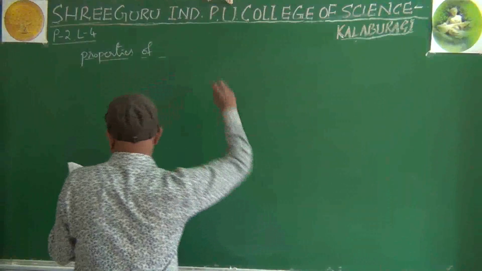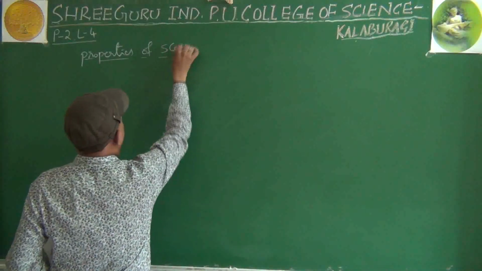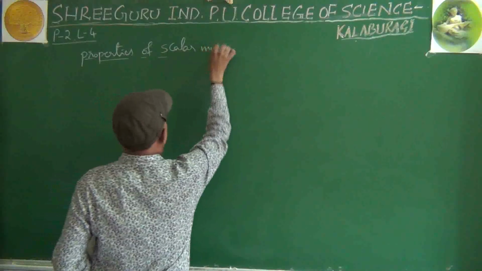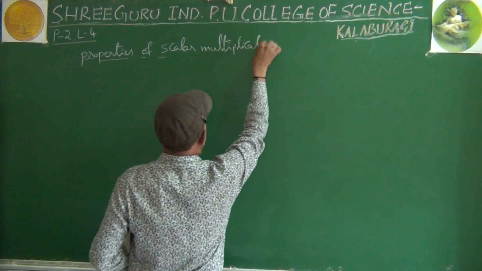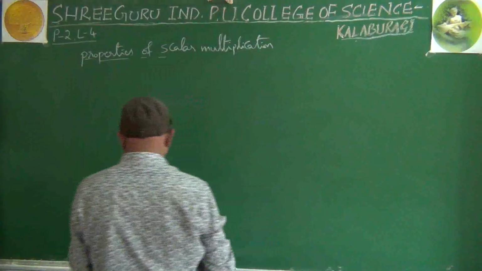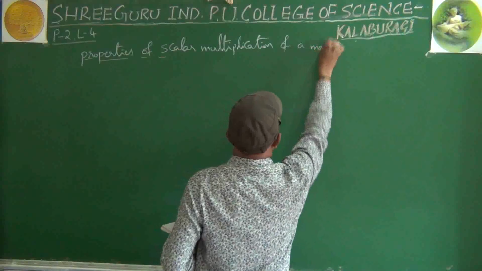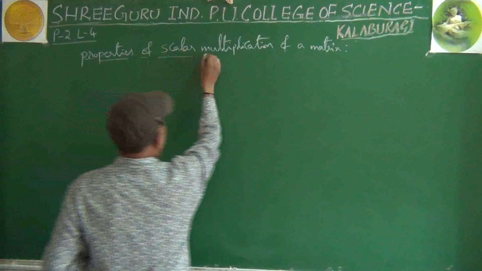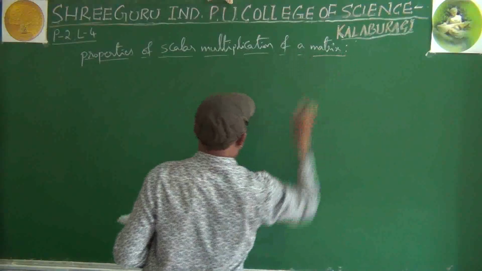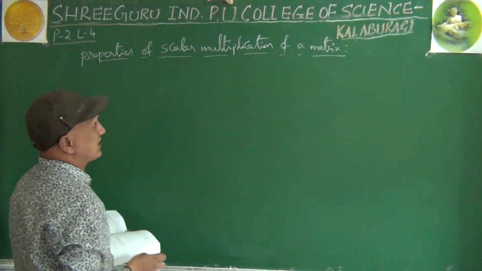That is the easiest part. Properties of scalar multiplication of a matrix, right?